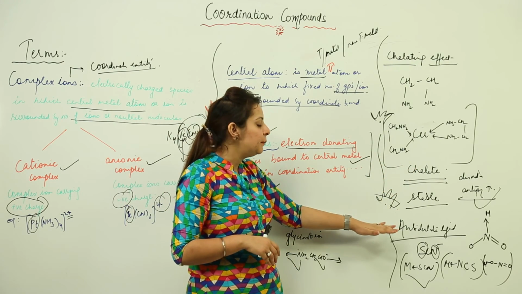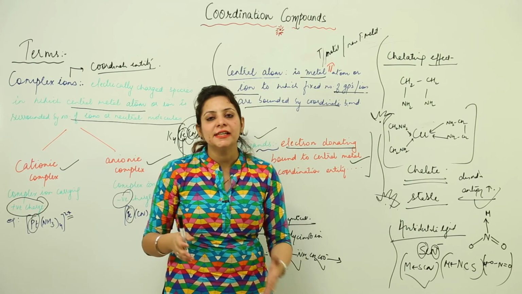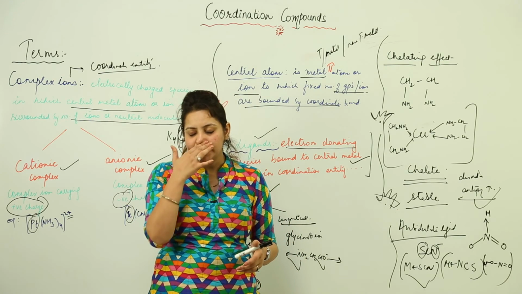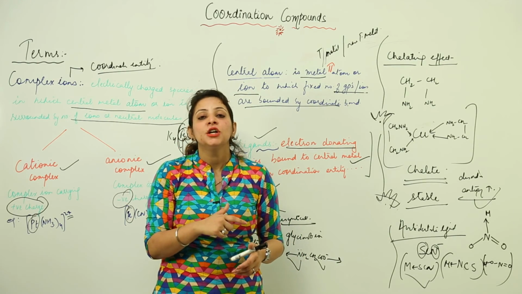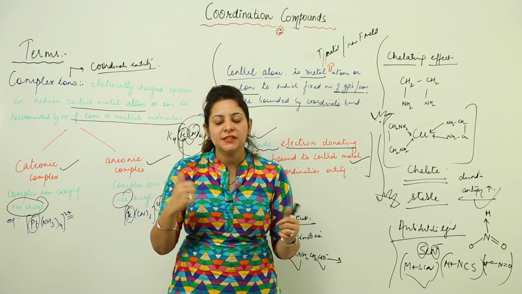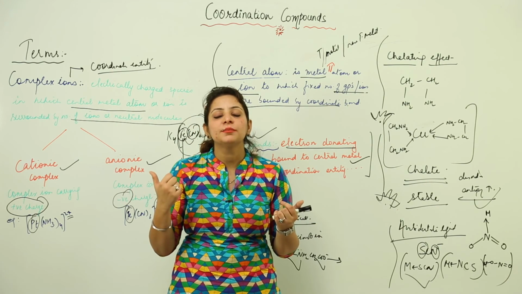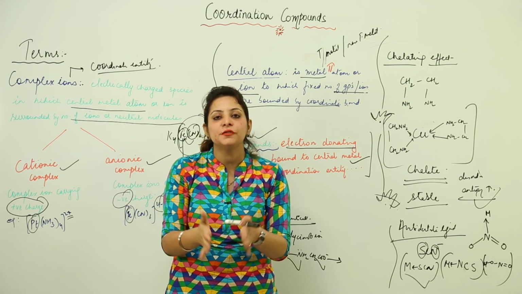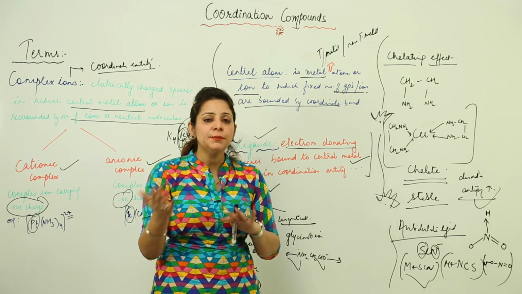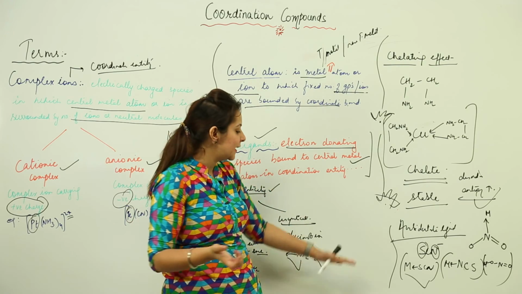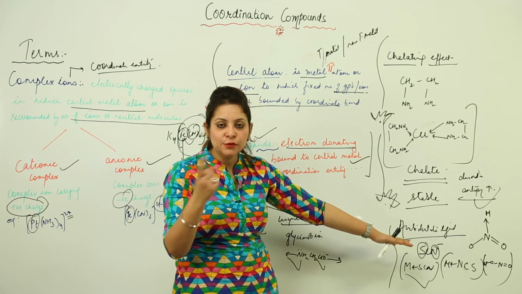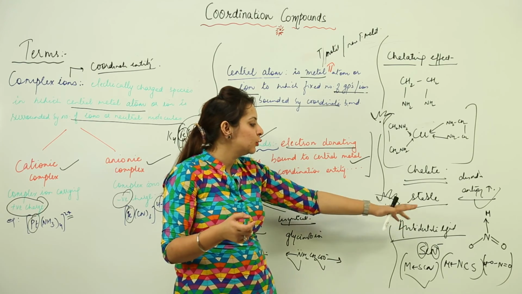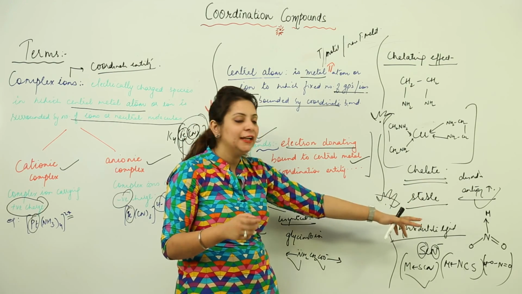And coming on to the ambidentate, it is the one which can link with the metal atom from either donor side, but only one kind of linkage is observed at a specific time, right? But it has the property that it can link from either side, as I told you, thiocyanate and isothiocyanate, likewise NO2, it can link with N also, it can link through O also.